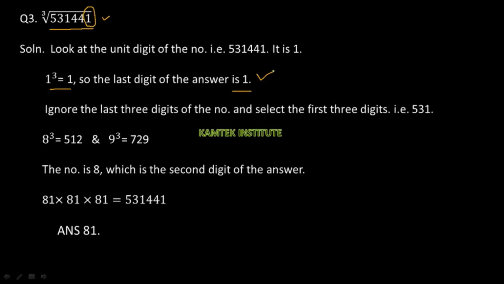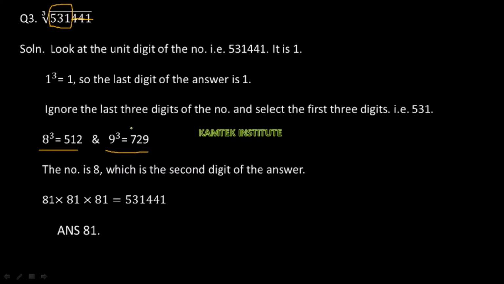Once you have found the unit digit of the answer, now we need to find the other number also. So we'll ignore the last 3 digits on the right hand side and focus on the first 3 digits. That happens to be 531. Now if you remember the cube table, what is a number which when cubed gives either 531 or a little less than that? We know 8 cube is 512, as 8 8s are 64 and 64 8s are 512, and 9 cube is 729.